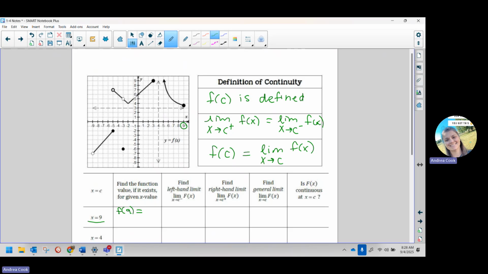What is the left-handed limit? As I approach from the left, what is the limit? Let's say that this is 3.5.